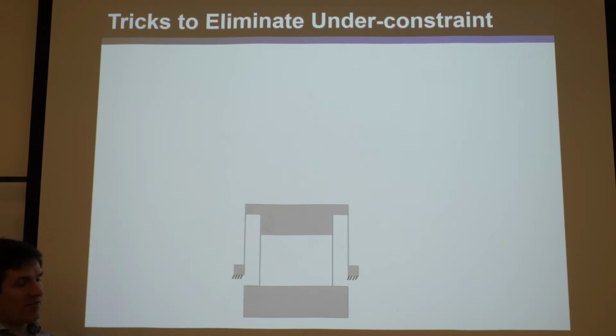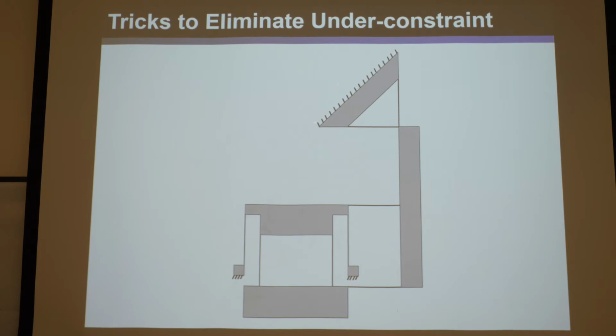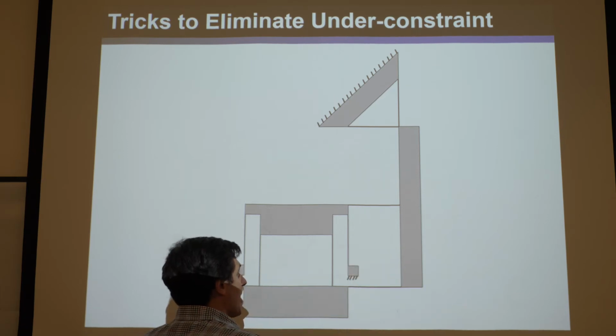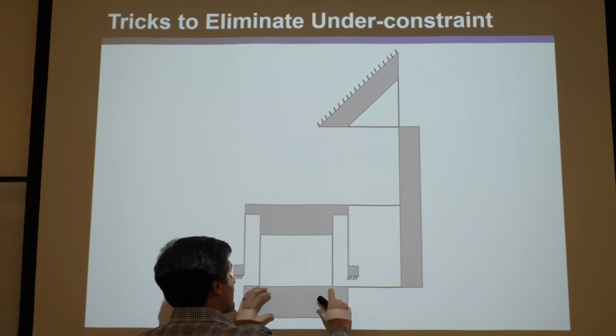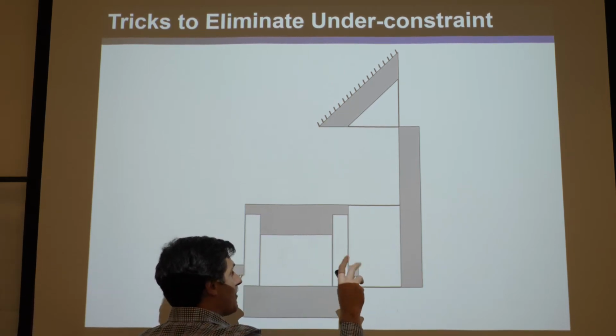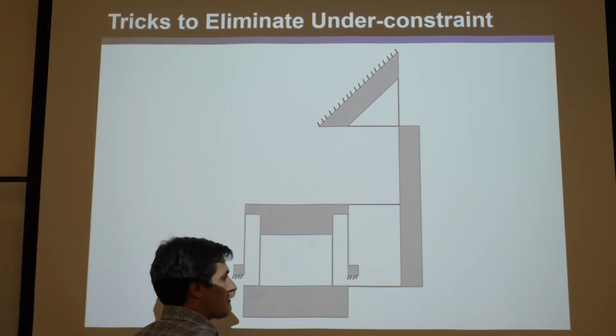So one way to fix this is to use the slave-master kind of thing, where this guy is the slave and this guy's the master that's kind of driving it, and this rotates here. By adding this, you have gotten rid of under constraint. If you hold this final stage fixed with respect to ground, everything, including the new body, is locked up. These guys can't go in opposite directions, so that's great.